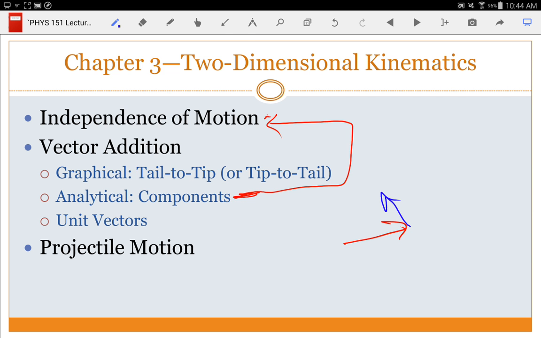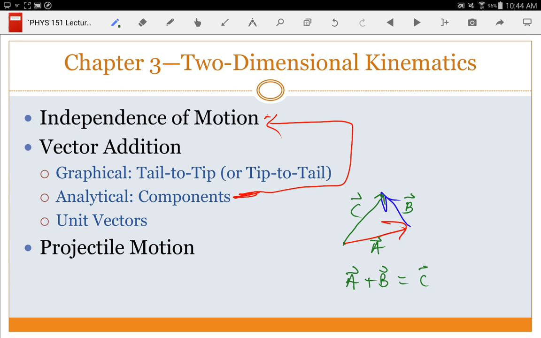And then my resultant, the sum when I add them up, goes from where I started to where I ended. So this here is showing, if this is A, B, and C, how do I indicate vectors? Arrow over it. So A vector, B vector, C vector. Then this is showing A vector plus B vector is equal to C vector. So you need to be able to do that. You need to be able to explain it or show it graphically.